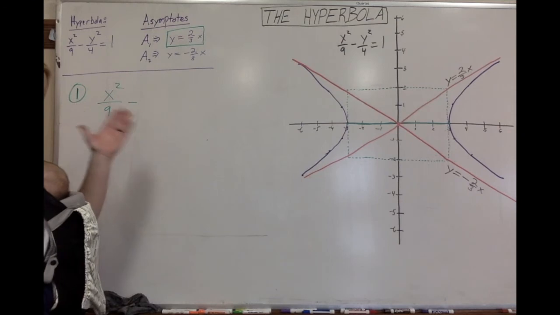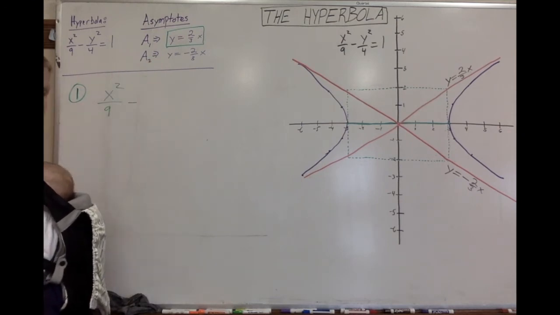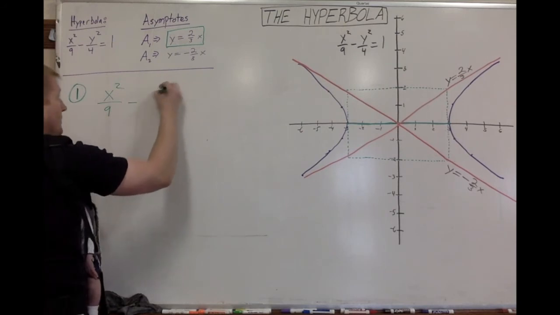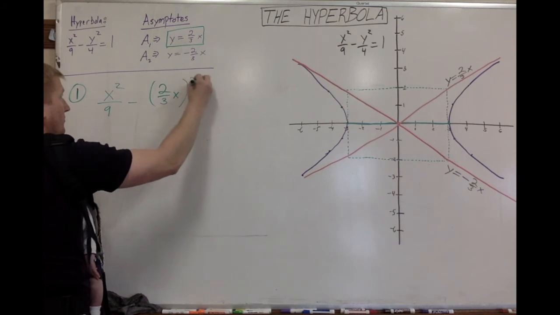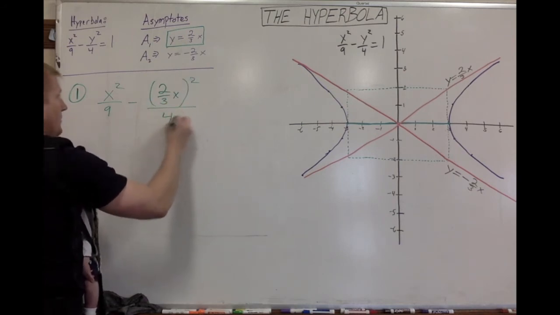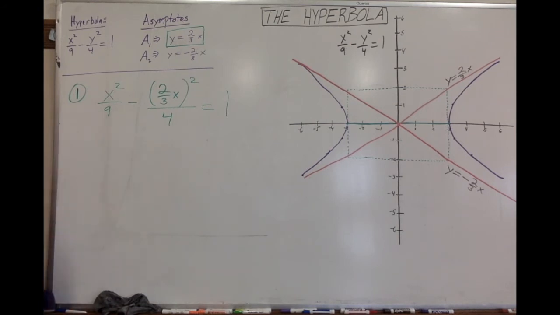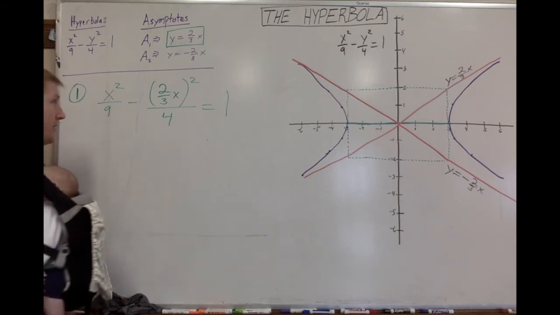Because if there is some common x and y, then I should be able to substitute and not have any problems. So rather than writing y, I'm going to write (2/3 x) quantity squared, all over 4, is equal to 1. Okay, so I've done my substitution, so now it's just going to be a lot of algebraic footwork.